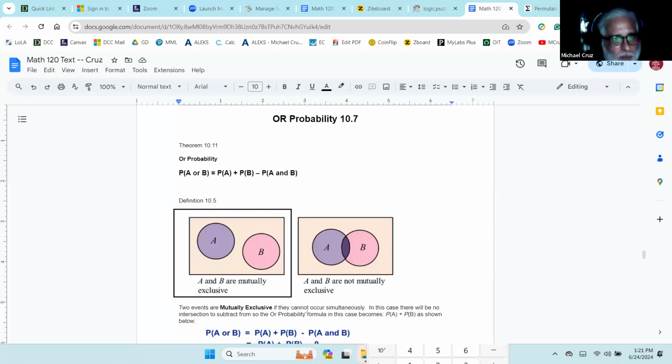They have no common elements. Over here, they do have common elements. So there are some that are common to both. In this event here, if they're like this, then this part right here is going to be 0 because there is no overlap. Okay?